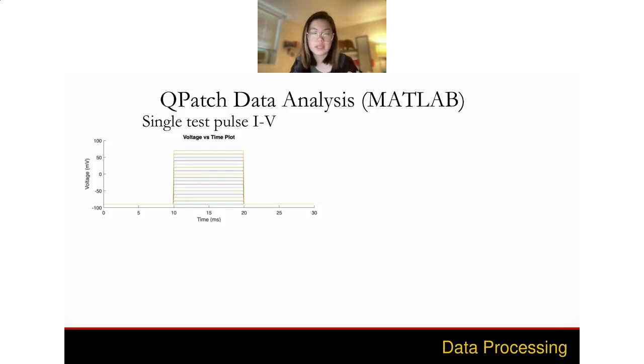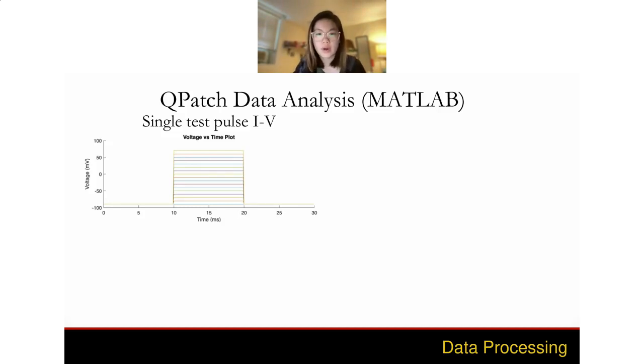So this is the experimental design for a single test pulse to generate a current-voltage curve. Here we have voltage on the y-axis and time on the x-axis, and each of these colors represents a different sweep. Each time we increase the voltage of the test pulse.